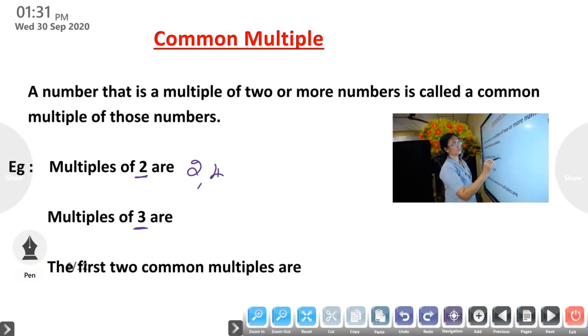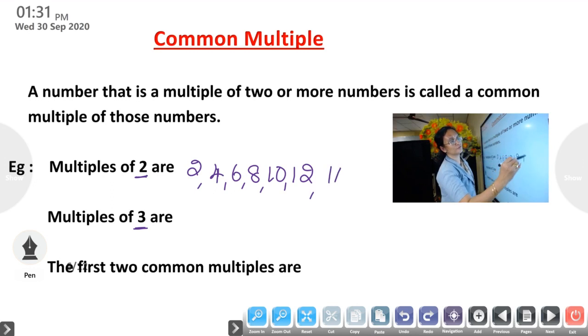So 2, 4, 6, 8, 10, 12, 14, etc. It goes on. We just studied that there are infinite multiples.